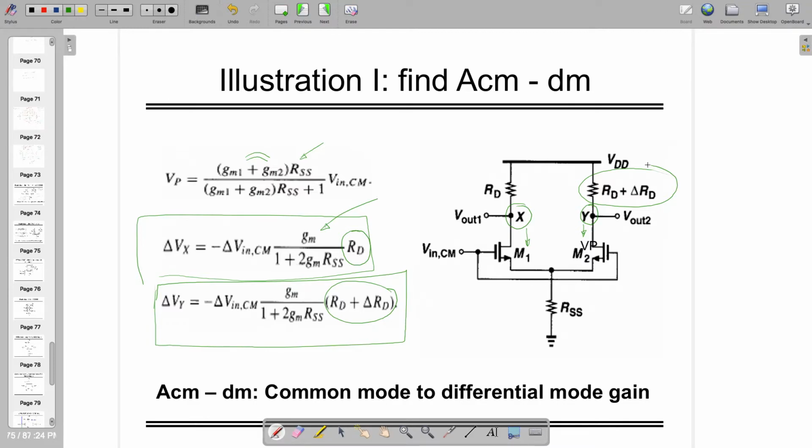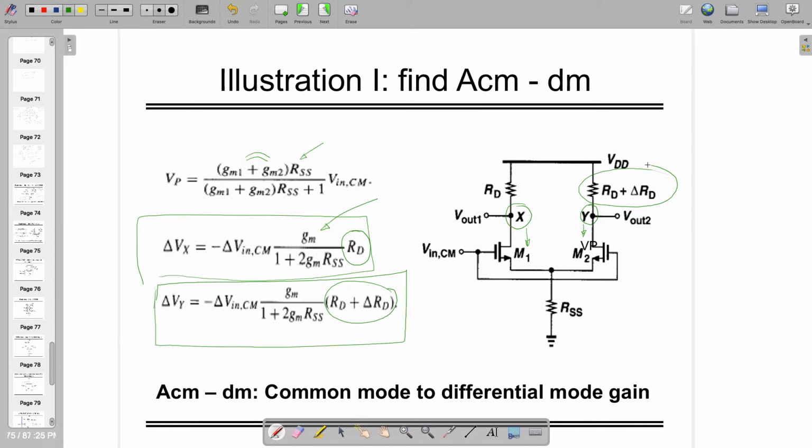That mismatch might be between M1 and M2 also. That mismatch might be between RD and the transistors together also. All these things can happen together or maybe separately. So in that case you need to separate the analyses and find out the exact value accordingly.